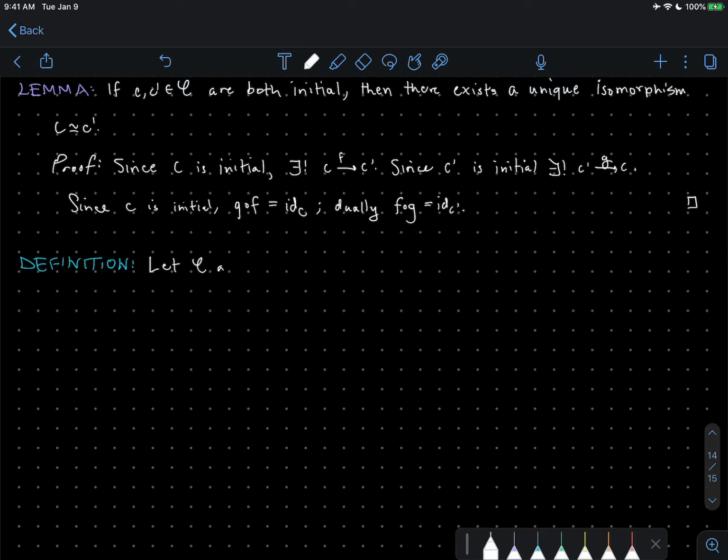Let C and I be categories, and F from I to C a functor.